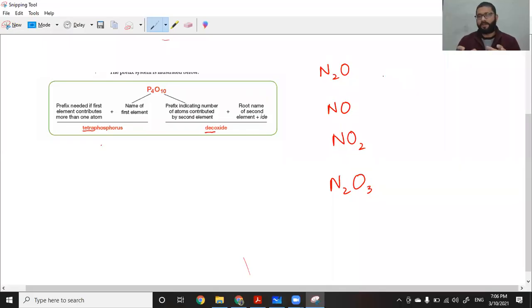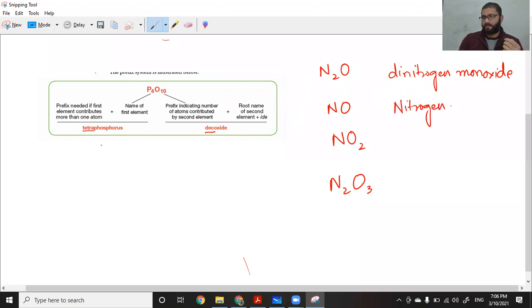If we want to give the old system of nomenclature to this molecular compound, it would be like this one. For N2O, the name would be dinitrogen monoxide. Di means we have 2 nitrogen and 1 oxygen. For the second one, you can say that it is nitrogen monoxide.